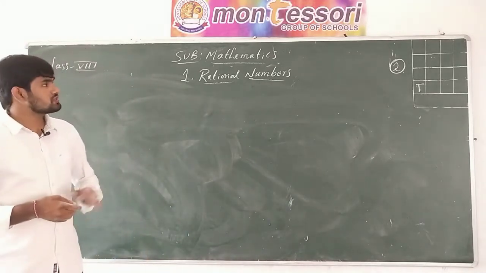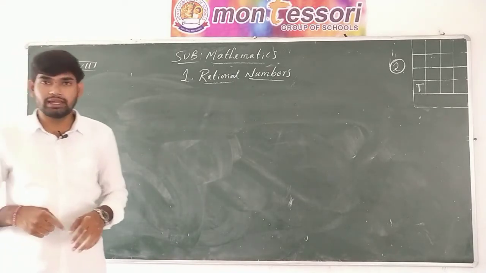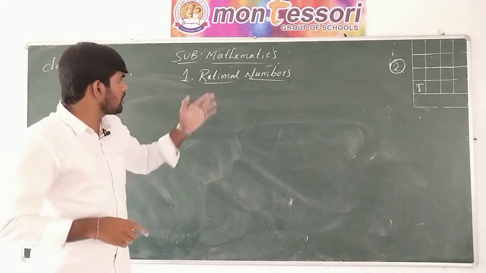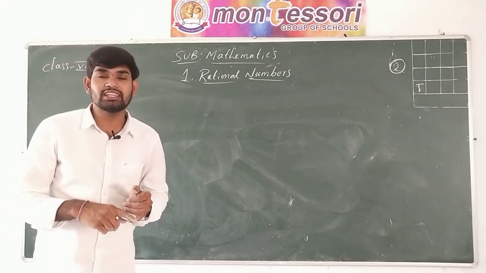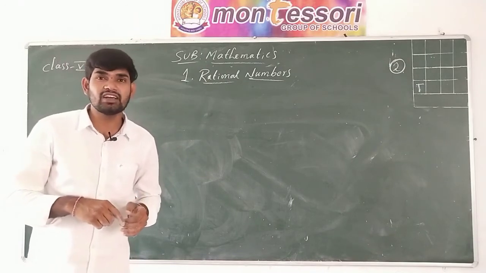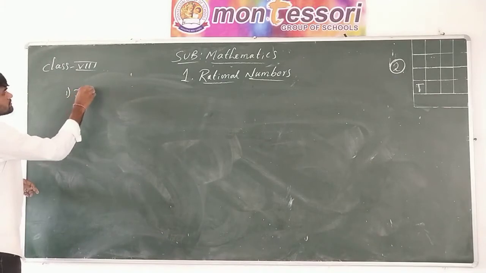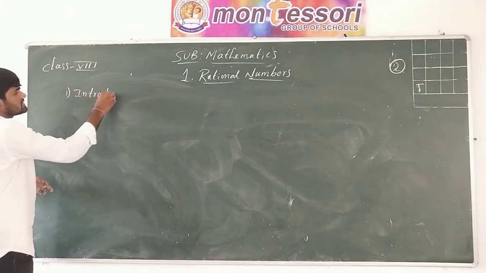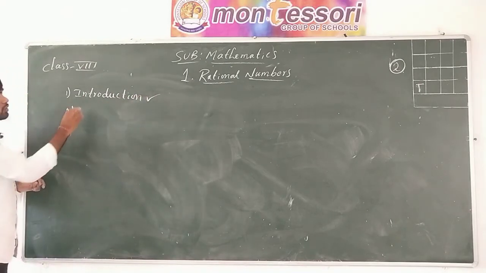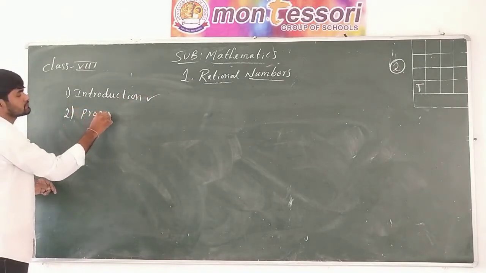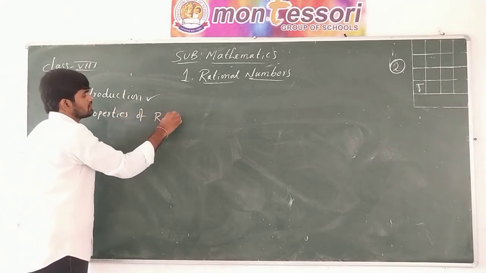Okay, now till now you have seen the introduction about the rational numbers. So in this chapter you are going to learn about the introduction, which you have already learned. Next, properties of rational numbers, representation of the rational numbers on the number line, and rational numbers between two given rational numbers. Let me write: first, introduction, which has been completed. Second, properties of rational numbers.